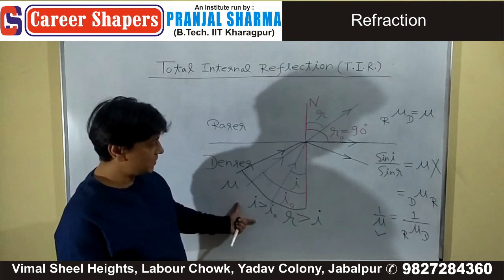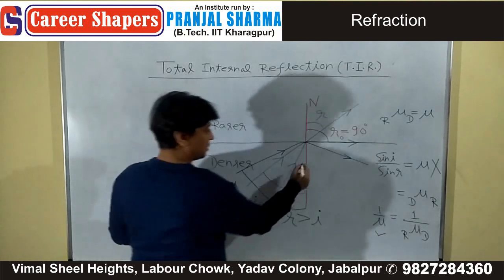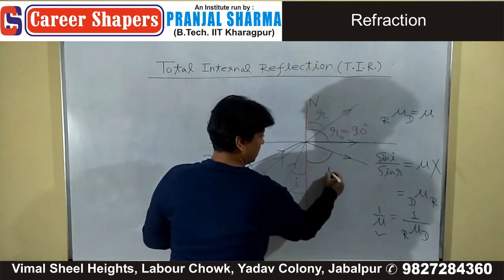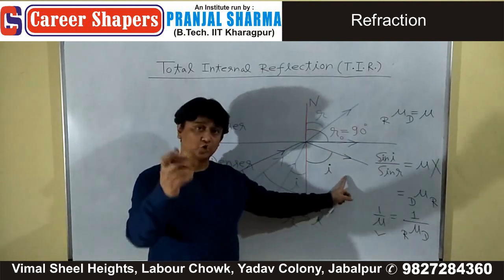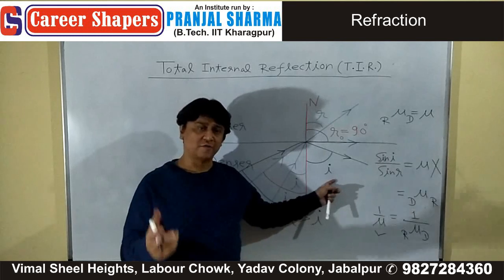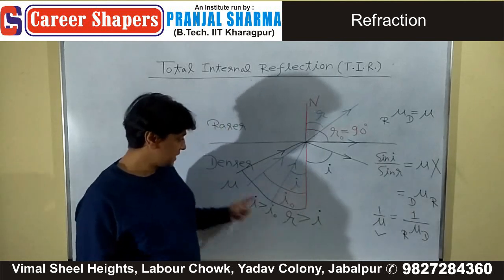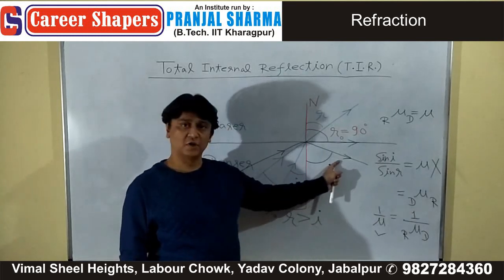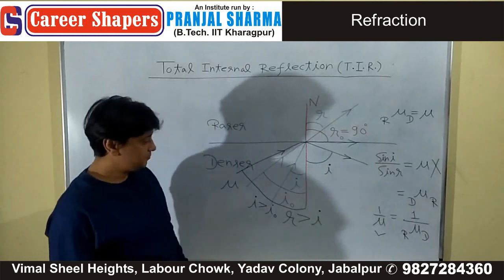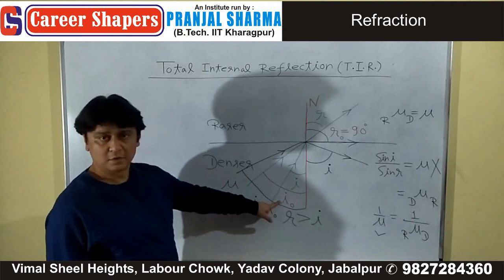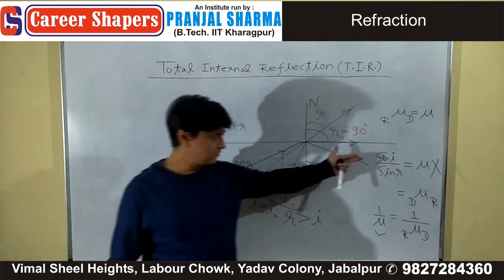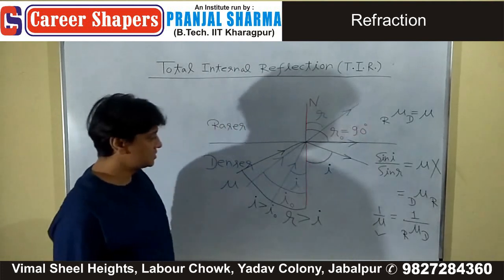For i greater than i naught, your reflected ray will also make the same angle. Concept of reflection: the angle of incidence is the same as the angle of reflection. Now, the aim is to find i naught, which is not a difficult thing. You can see it from here. But remember the concept.